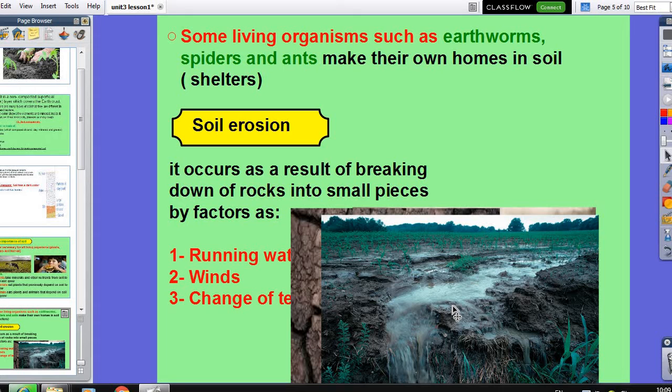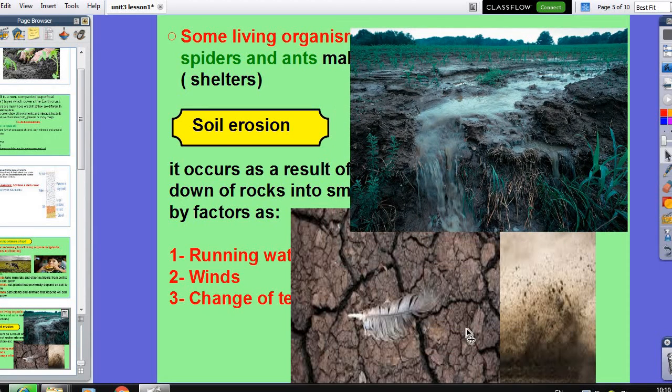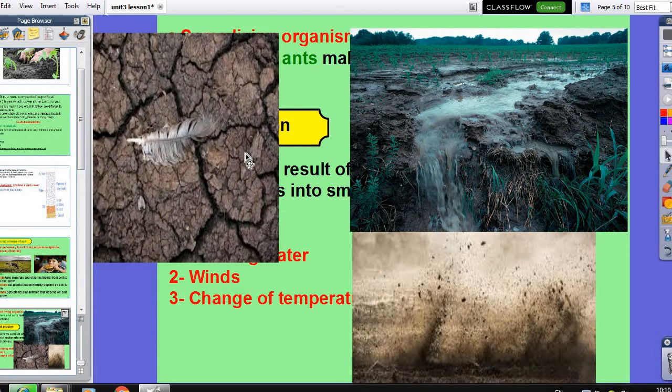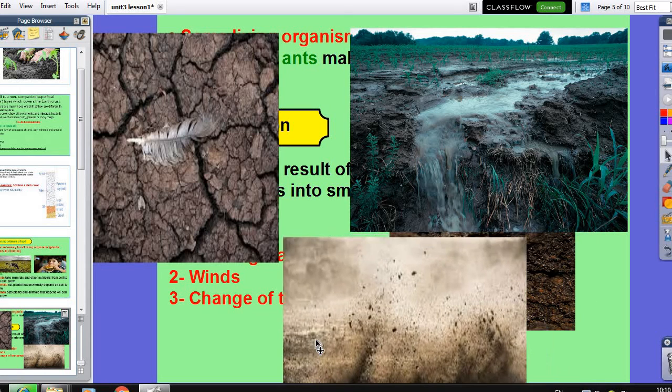Let's talk about another point: soil erosion. It is the breaking down of rocks to form the soil. What are the reasons for soil erosion? We have running water, change in temperature, and wind.